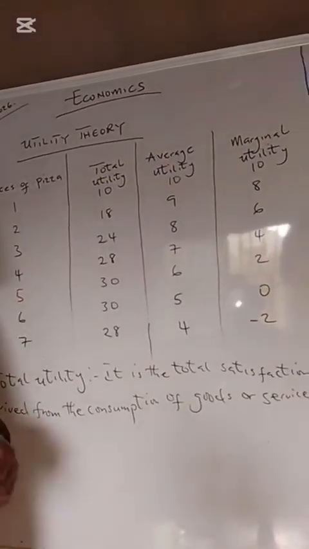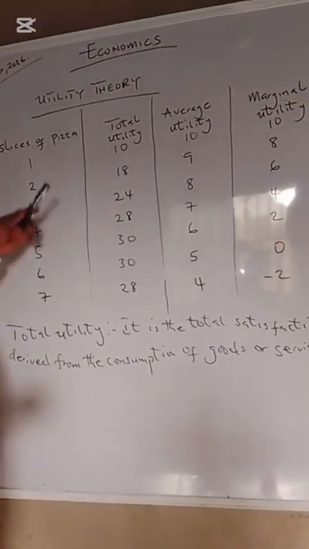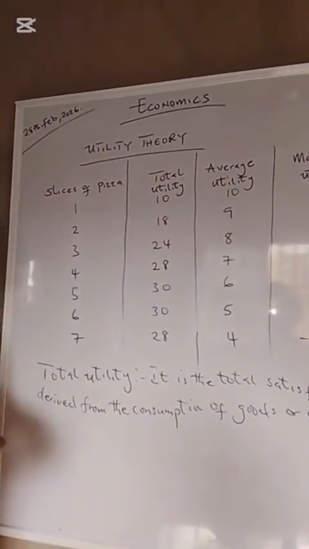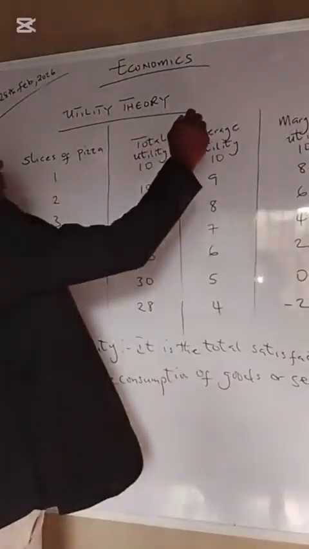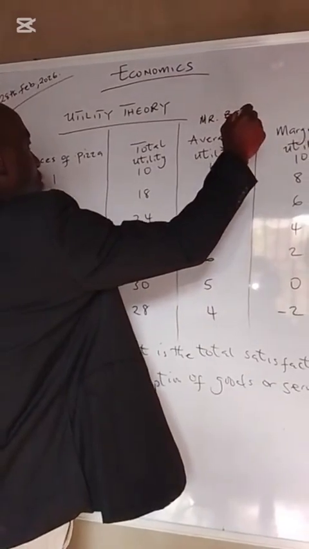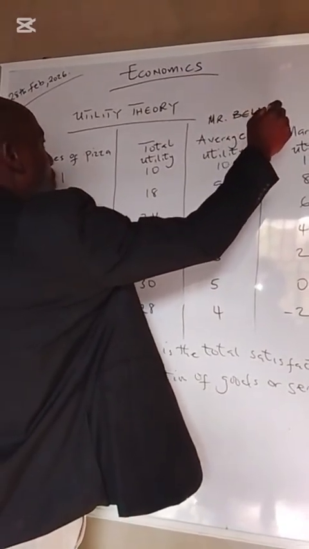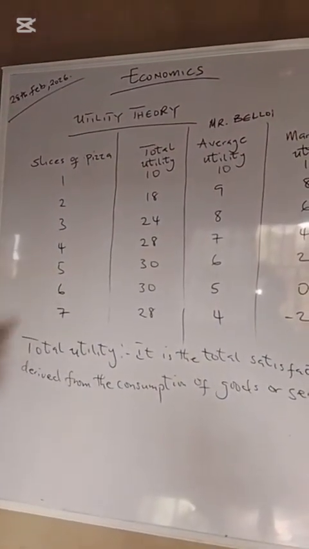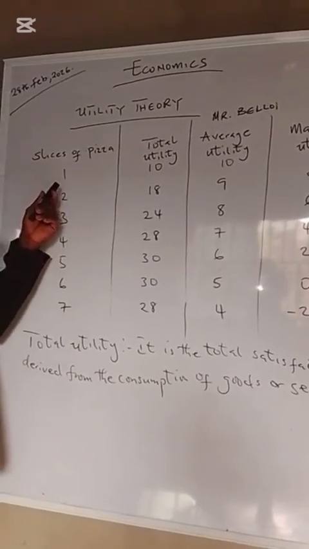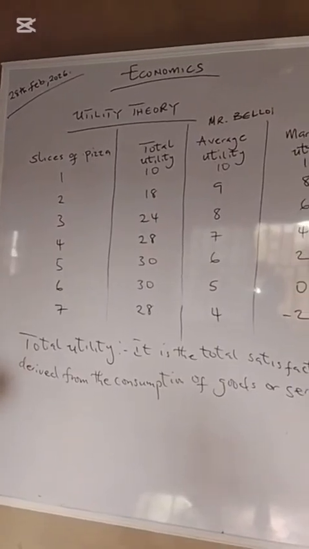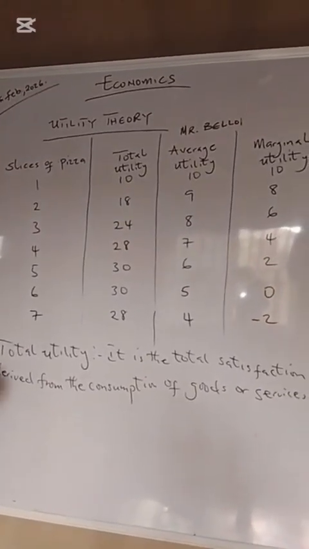Now look at this table. These are the total utility. Let's call this person Mr. Bello, and assume that it's Mr. Bello who owns this utility table. Mr. Bello consumed one slice of pizza, and the total utility that he derived from that one slice is 10.